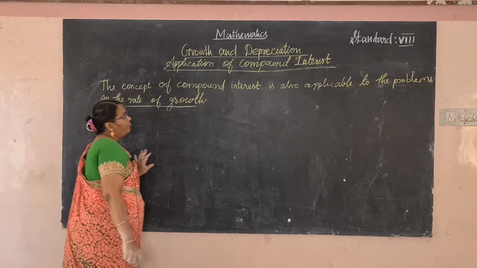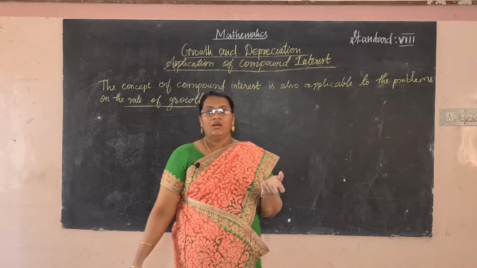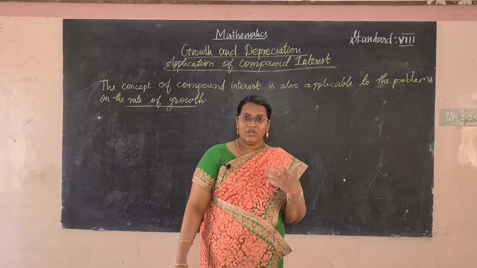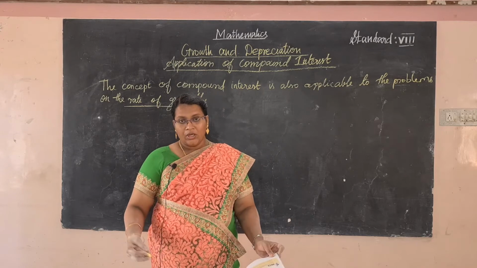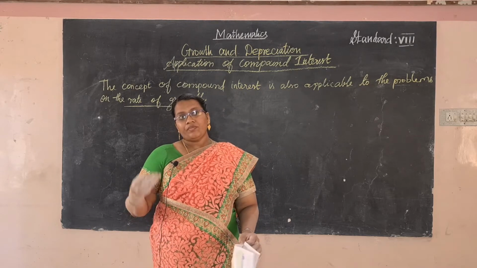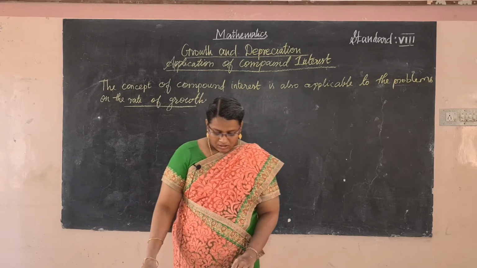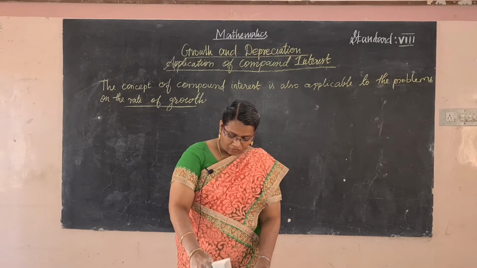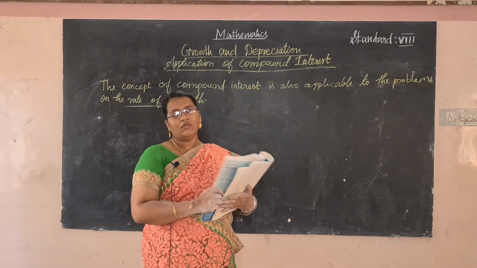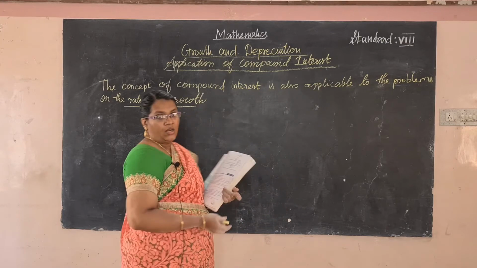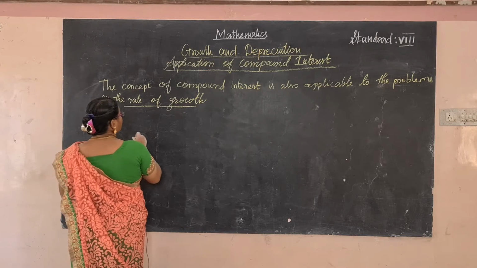If the rate of growth increases, the rate of interest also increases. If the rate of growth decreases, it is called depreciation. We will see the formula today. When the rate of growth is positive, the rate of interest is also positive. That is the formula for appreciation, that is, growth.